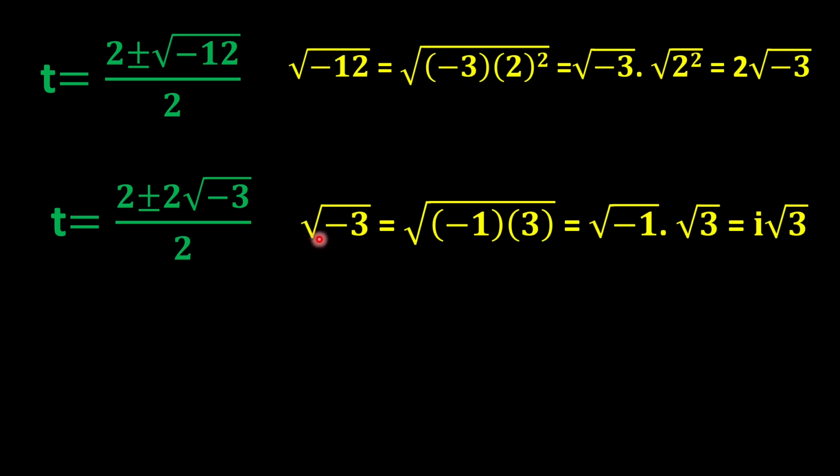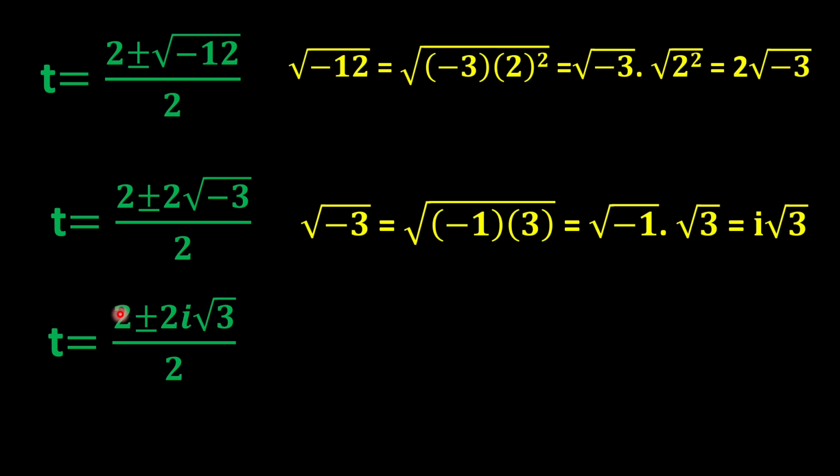And now we can write this √(-3) as iota √3. Why? Because we can write this -3 as like this, and similarly we can write it separately, and √(-1) is equal to iota. So we will put iota √3 in place of √(-3).